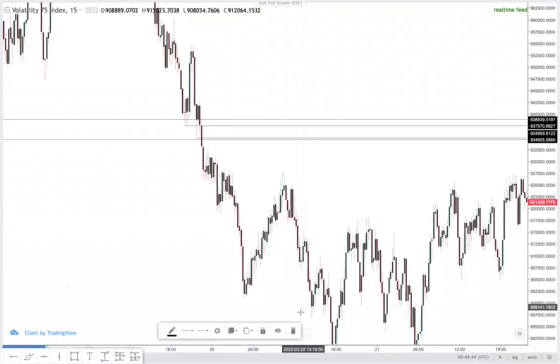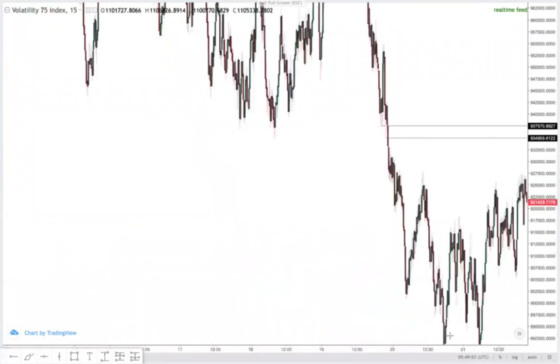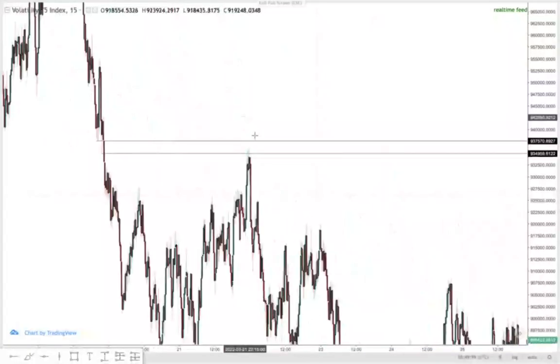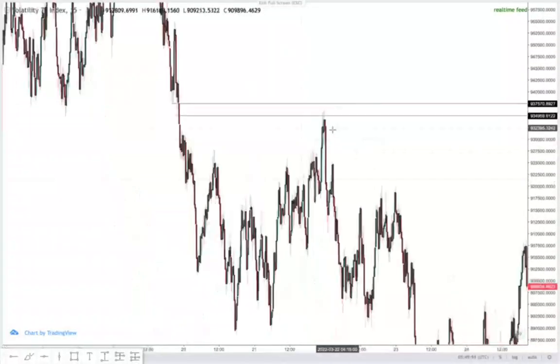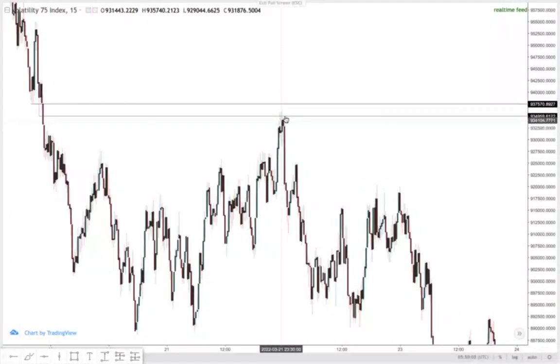So we are going to delete these two lines to make it more clear. You can see that price came to retest our entry right here, and it was a sniper entry with a very, very low risk at this point right here.